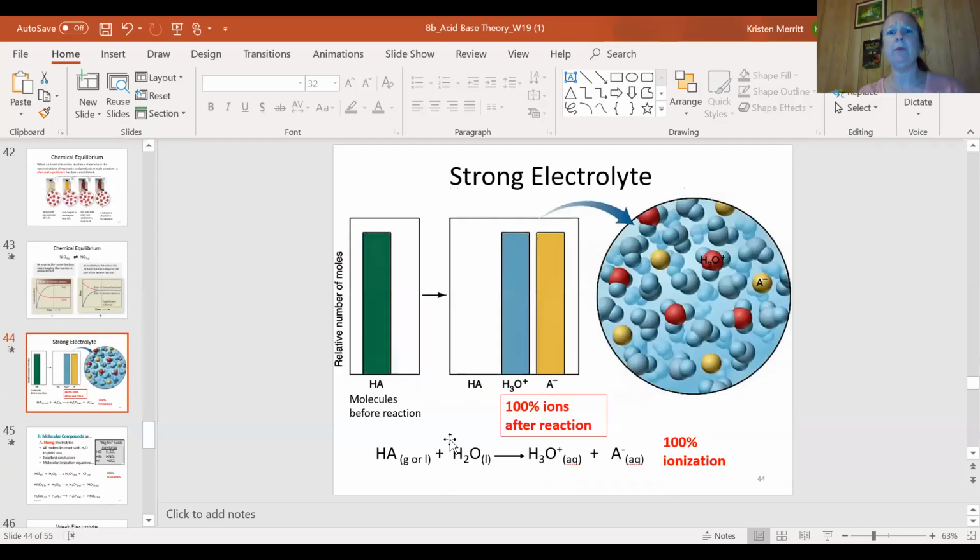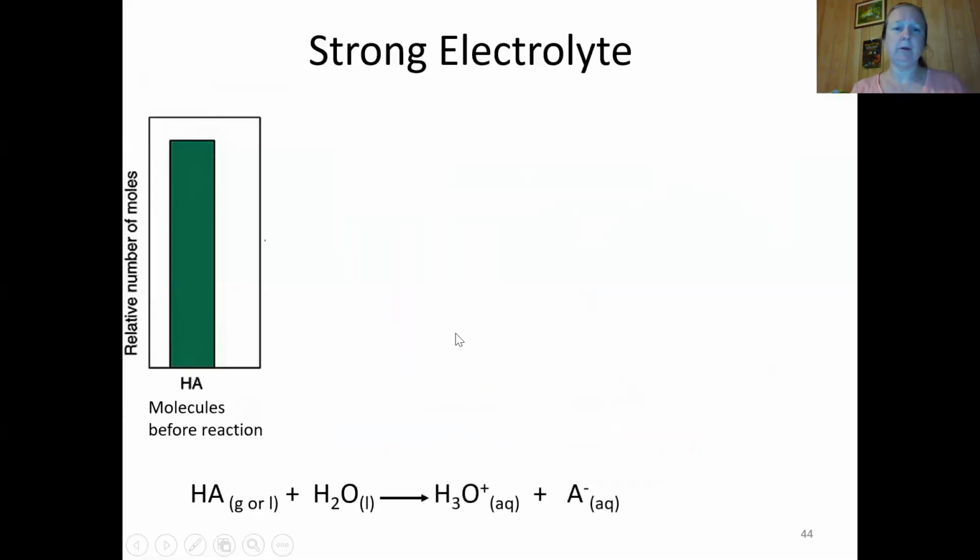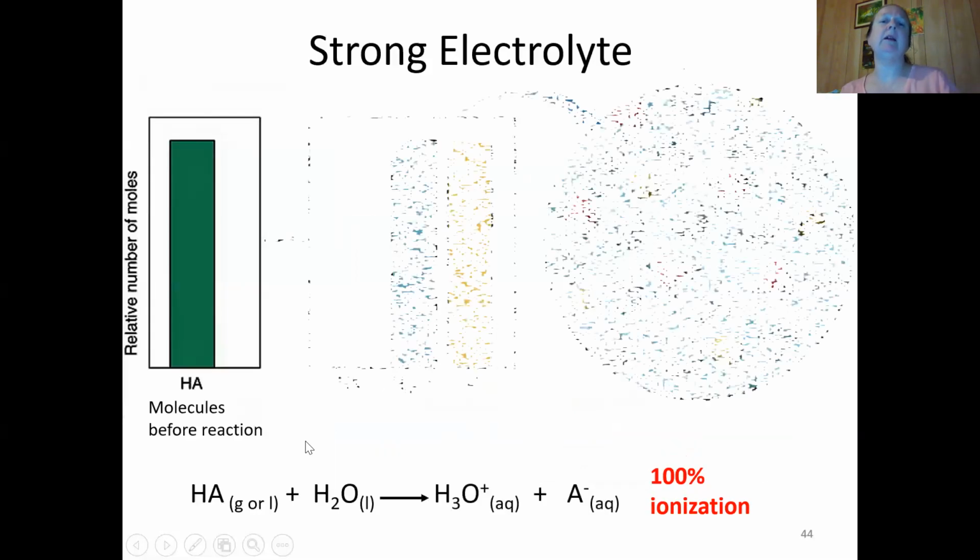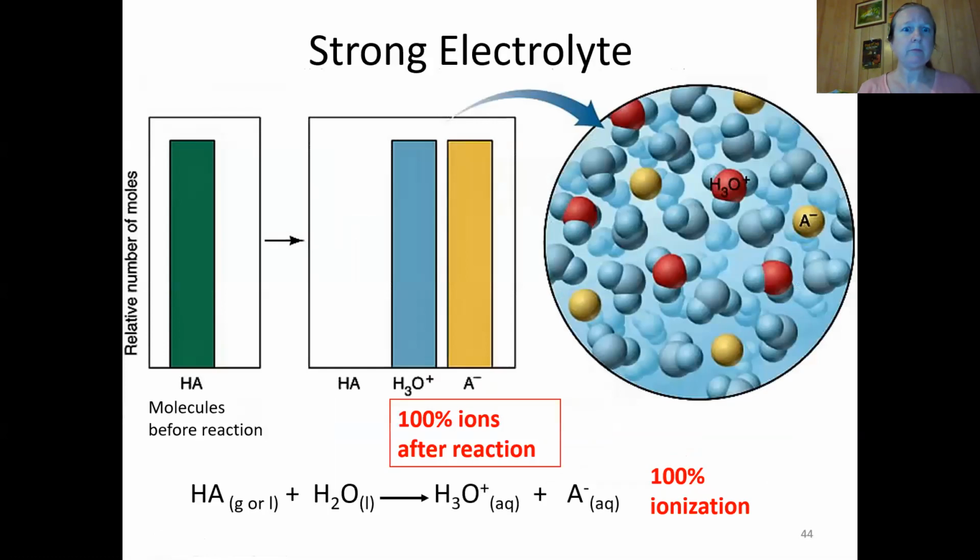So when we have a strong electrolyte, in this case, we're talking about a strong acid. So this is your hydrochloric acid, your hydrobromic acid, hydroiodic acid, etc. That's your single arrow. And remember, water is in this reaction, molecular ionization, because it's actually reacting with your acid. It's a chemical reaction going on here.